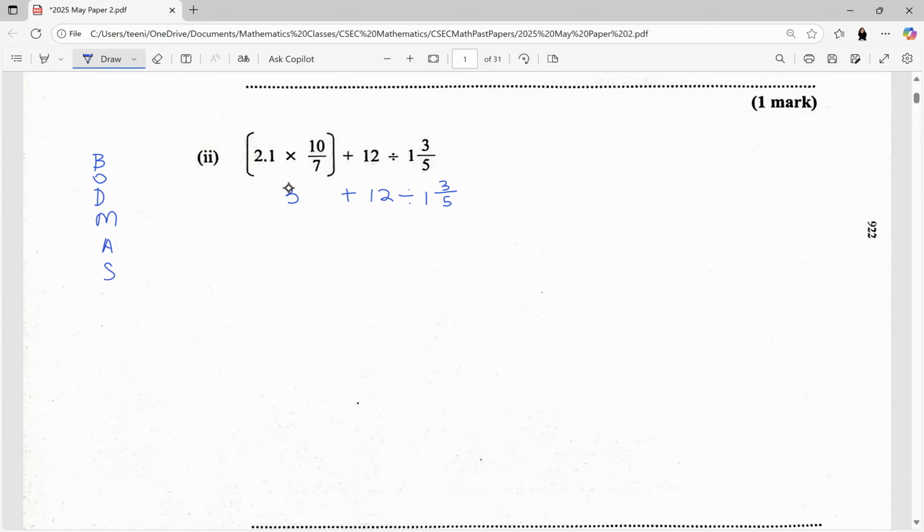Now we'll have to do the division part of this problem before we add, because according to our order of operations, division comes before addition. So we'll leave this 3 by itself for a while and work out what is 12 divided by 1 and 3/5. So, Faith, tell me what is 12 divided by 1 and 3/5, please?